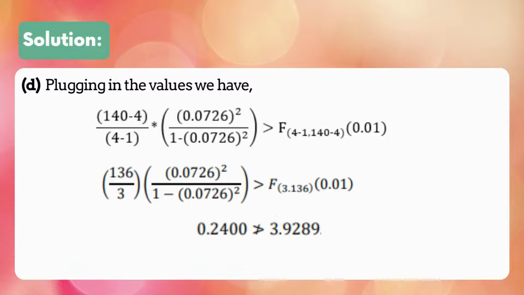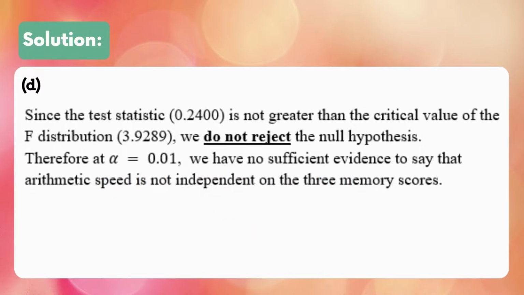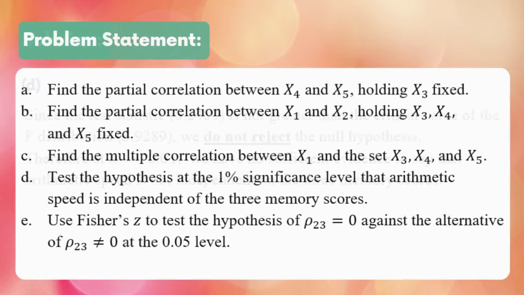This leads to an answer of 0.24, which is not greater than the F tabular value equal to 3.9289. Since the test statistic, which is equal to 0.24, is not greater than the critical value of the F distribution, which is equal to 3.9289, we do not reject the null hypothesis that arithmetic speed is independent of the three memory scores.